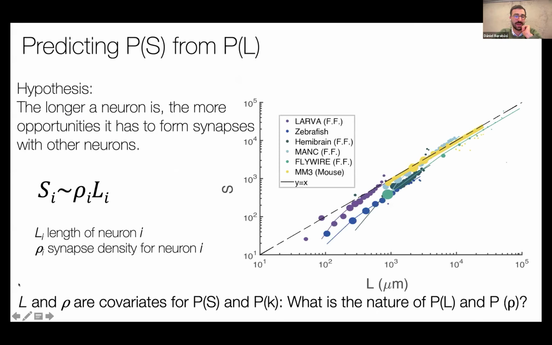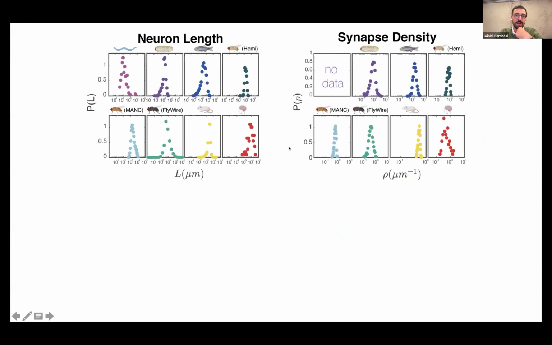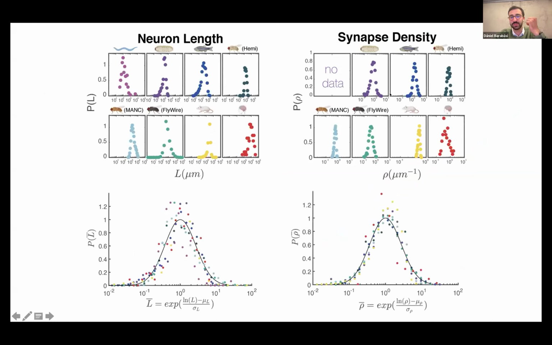But the important part is that the length distribution and the density distribution are covariates for the number of synapses you make, and eventually the number of partners you make. We first need to look at the nature of the length distribution and this density distribution. We again find that these are both log normally distributed, as I showed you already for length, but this is also true for a local synapse density measure that we calculate.